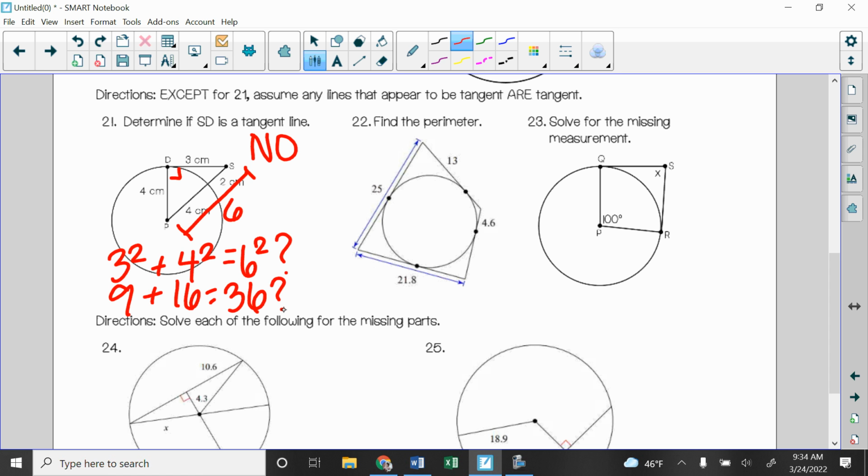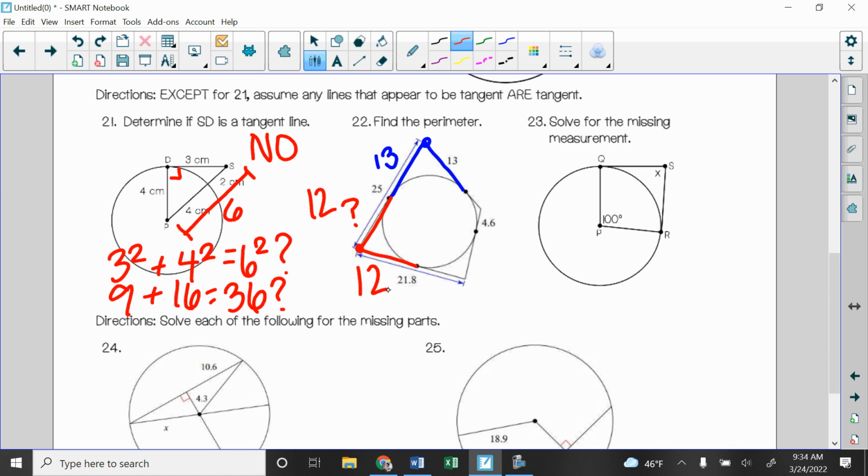The next one, I think people just forgot what to do. I call it like the ice cream cones. So up here, see how these two tangents meet at the same point outside the circle? So they're the same length. They're both 13. And then it happens again here. These two meet outside the circle. They have to be the same length. How could you find that part right there? 25 minus 13. So this is 12, which makes this 12.